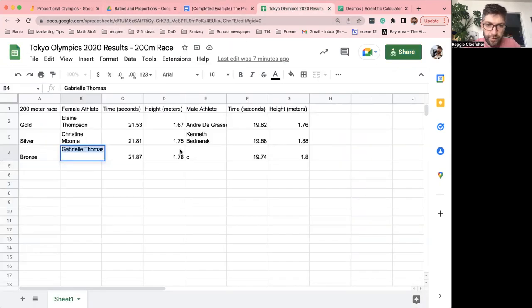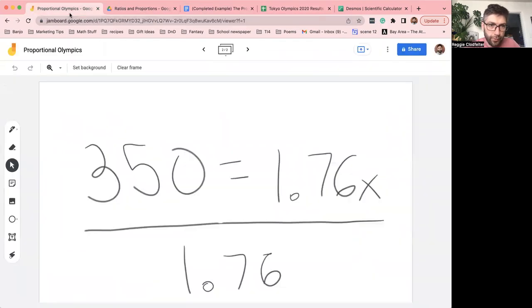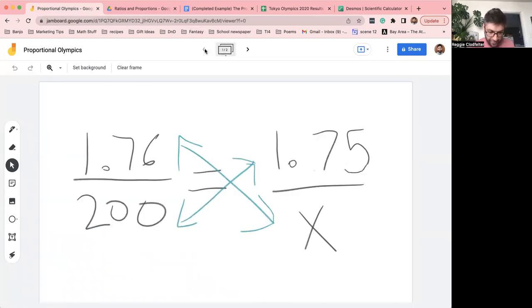So I have to get her height, 1.78 meters. Gabrielle is actually taller than Andre, so her race length is going to be a little bit over 200. It's going to be more than my original race length.